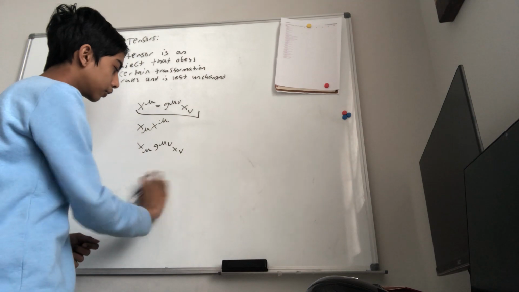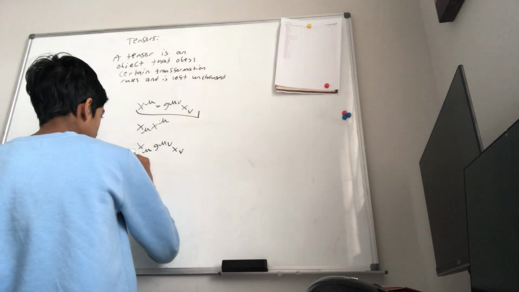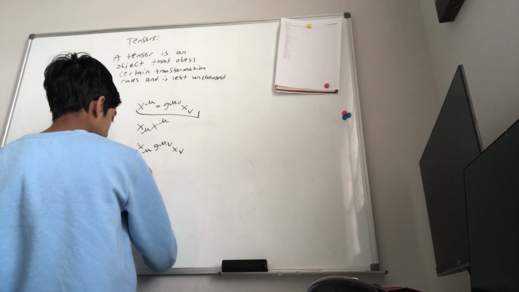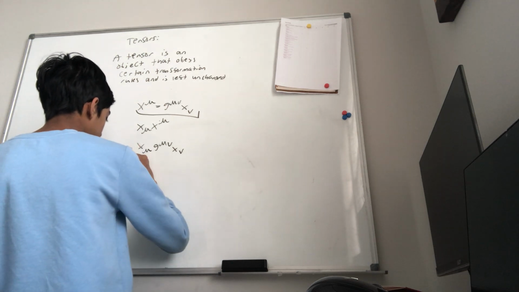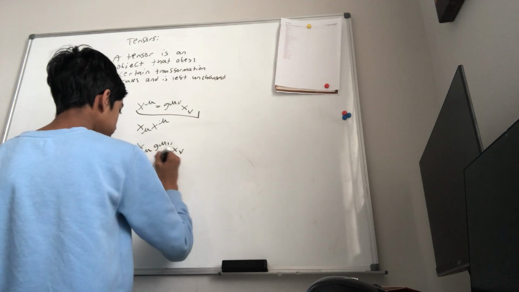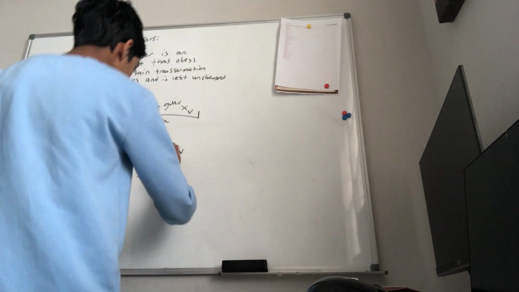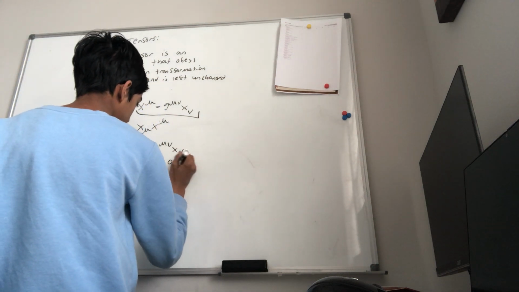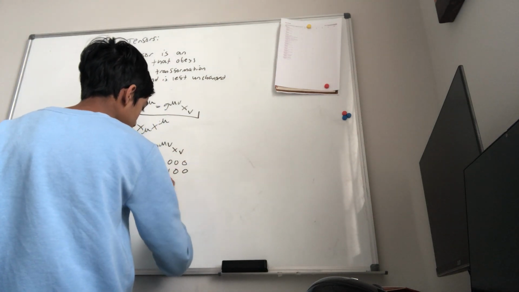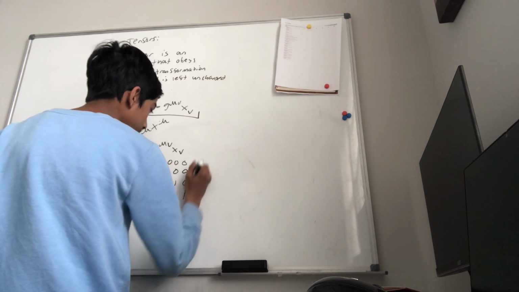We're not in 3-dimensional space. We're in 4 dimensions. So g^μν, with upper indices, is equal to, and we're going to be using the minus plus plus plus convention, minus 1 0 0 0, 0 1 0 0, 0 0 1 0, 0 0 0 1.